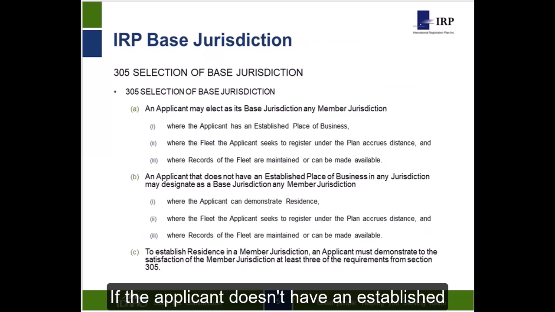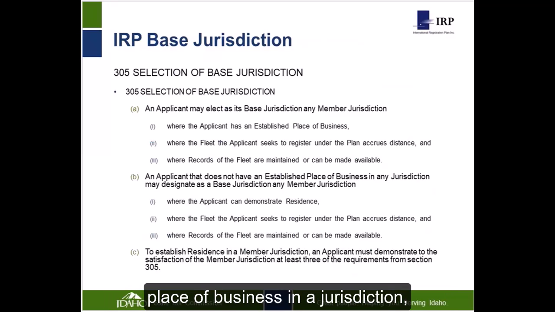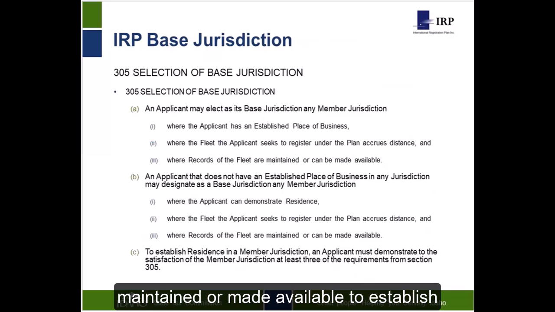If the applicant doesn't have an established place of business in a jurisdiction, they may designate a base jurisdiction from any member jurisdiction where they can demonstrate residency, where they accrue distance, and where the fleet records are maintained or made available.